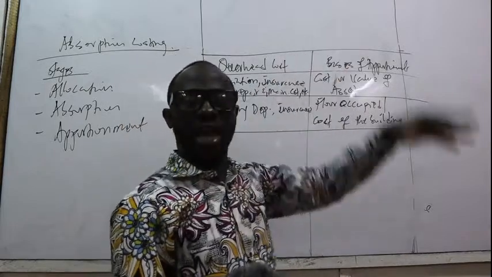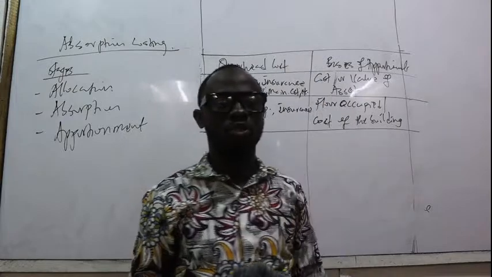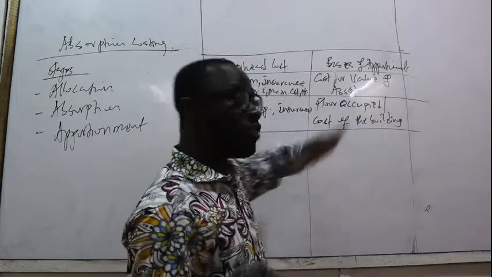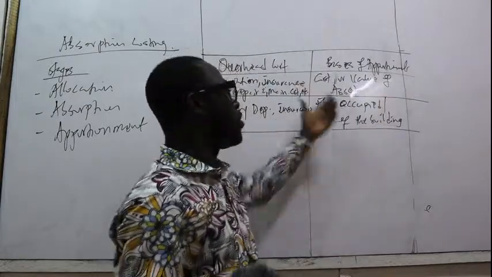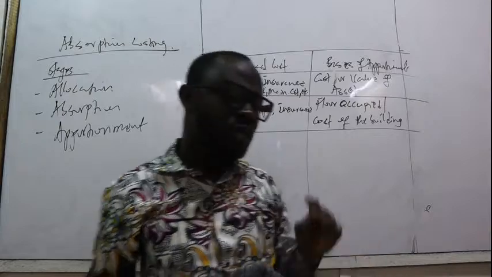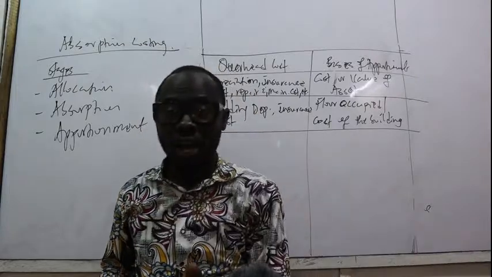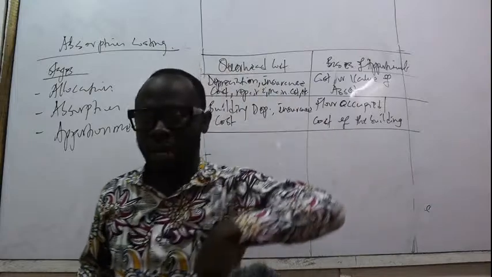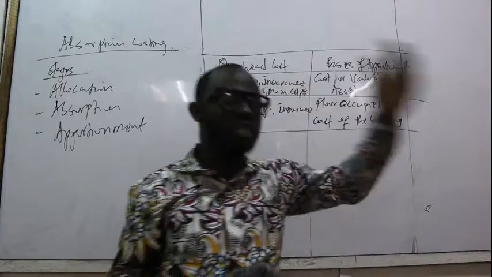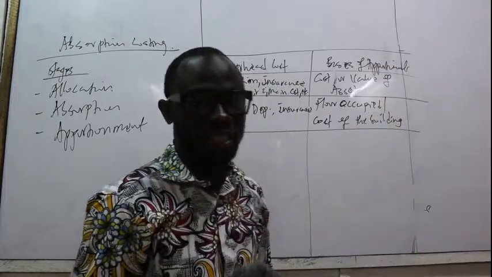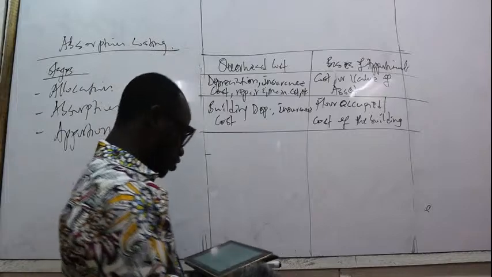So if we have now paid that insurance expense and we are finding out how it can be allocated between the cost centers and the cost units, then we will use the floor area, either the cost of each of the buildings or each of the floors, or the floor area they are occupying. Why? Because one department might be occupying a larger floor area than another department, or one department might be occupying a huge aspect of the building at a higher cost, whilst other departments may not be occupying as much. So that is the second thing you must understand: the floor area occupied or the cost of the building.